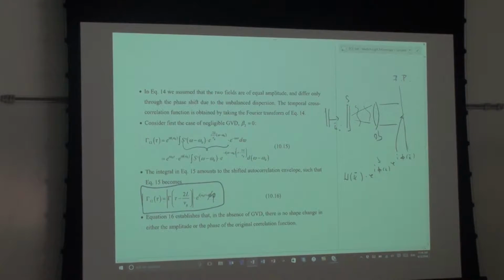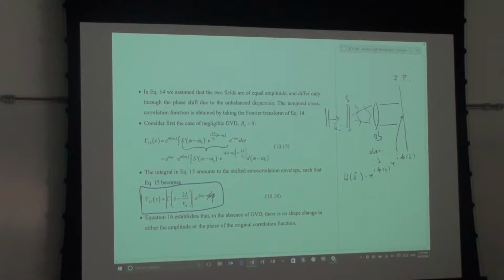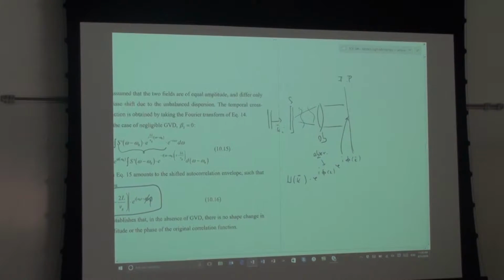This is the aberration. Yeah? So clearly, when I take the Fourier transform, in other words, I put the second lens in my microscope and I make the image back at the CCD, this is going to be exactly U of R, so I take the Fourier transform of this whole thing. It's going to be U of R, my perfect image, except it's convolved now with the Fourier transform of whatever that is, e to the I phi of k.